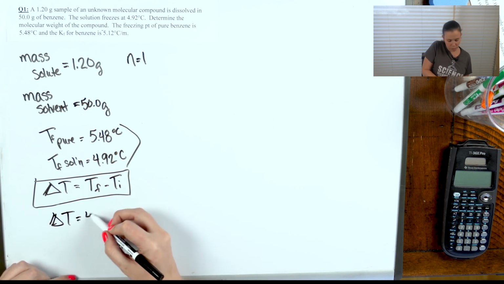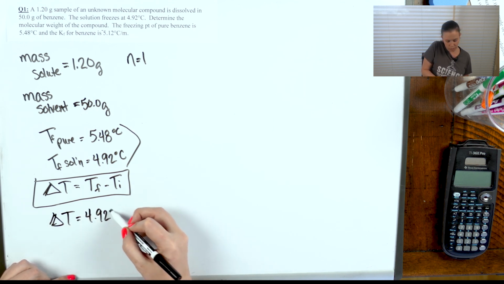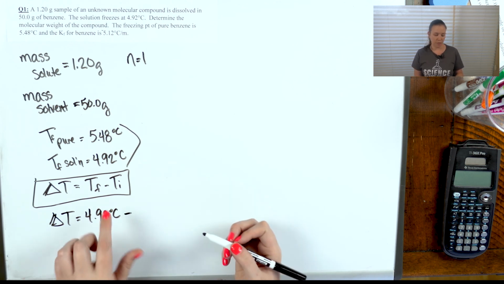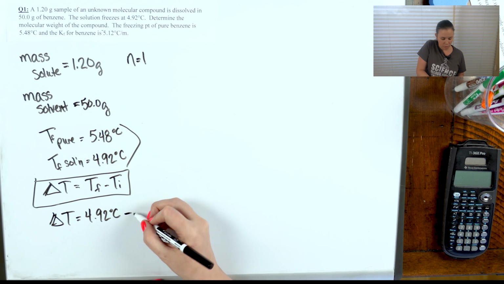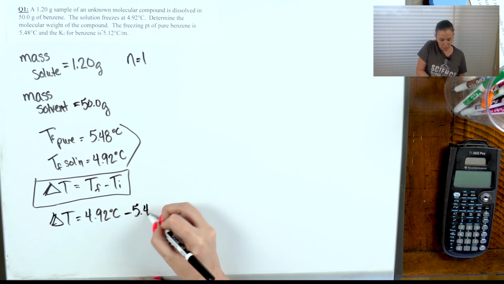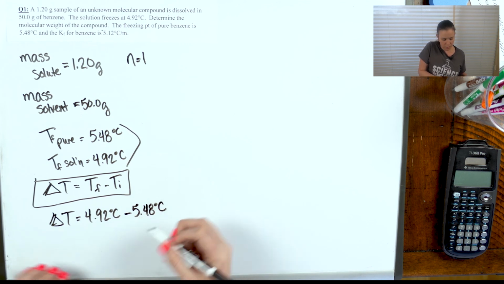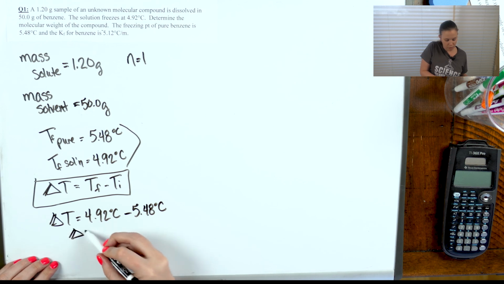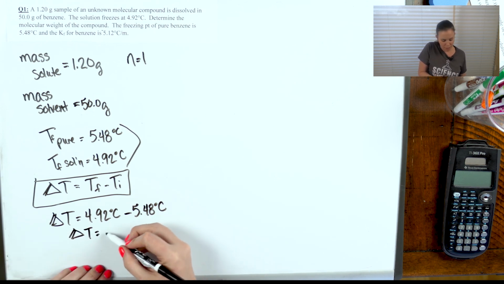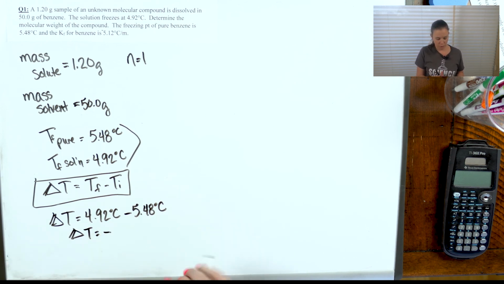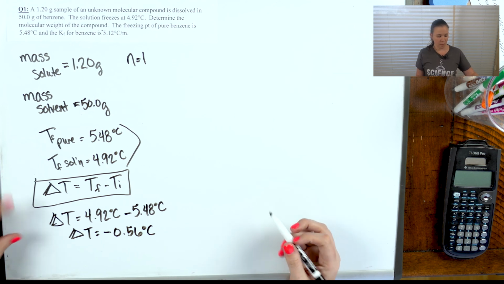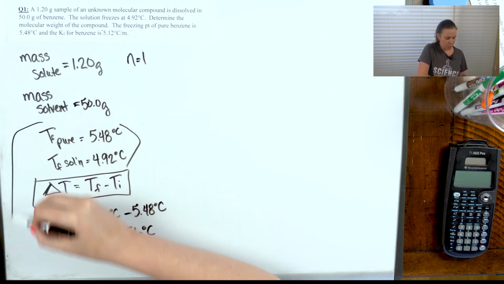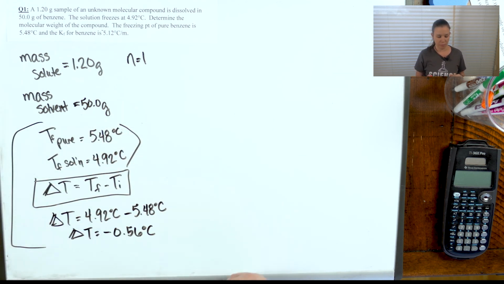Delta T equals 4.92 degrees Celsius minus the initial temperature, or whatever it started as with a pure substance, this 5.48 degrees Celsius. So that means my delta T is actually a negative, and find the difference here. We have a negative 0.56 degrees Celsius. So that's all my work with temperature to find the delta T.